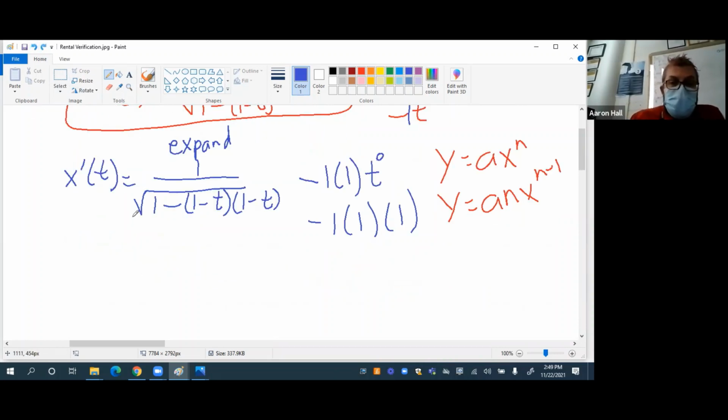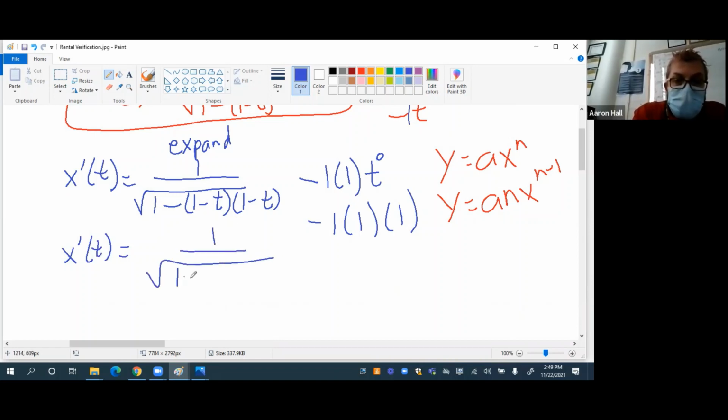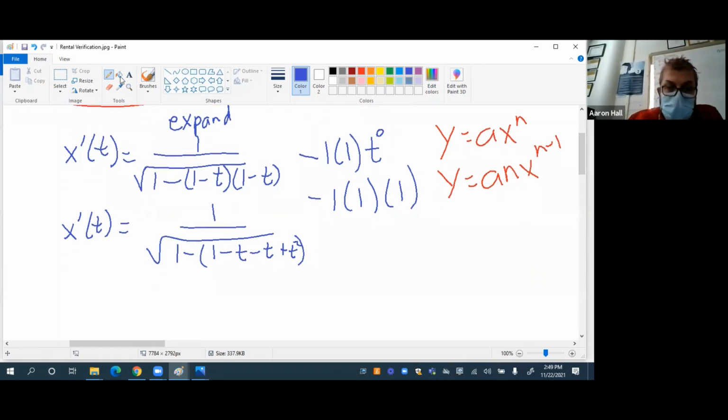So that gives me x prime of t equals 1 over the square root of 1 minus, all in parentheses, 1 minus t plus t squared. Agreed or not? Yes. Okay. And then I can clean this up a little bit.